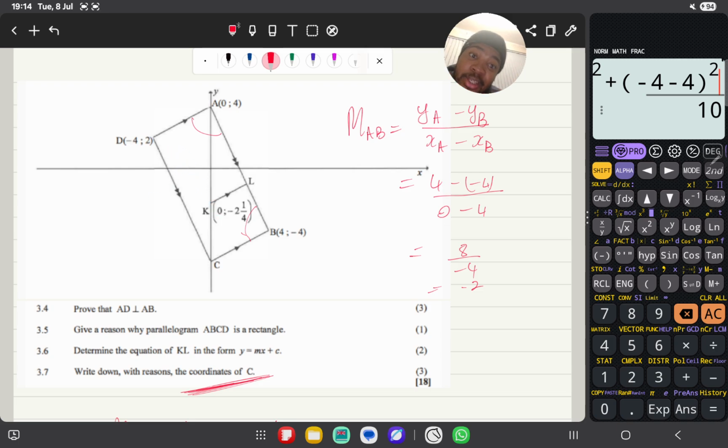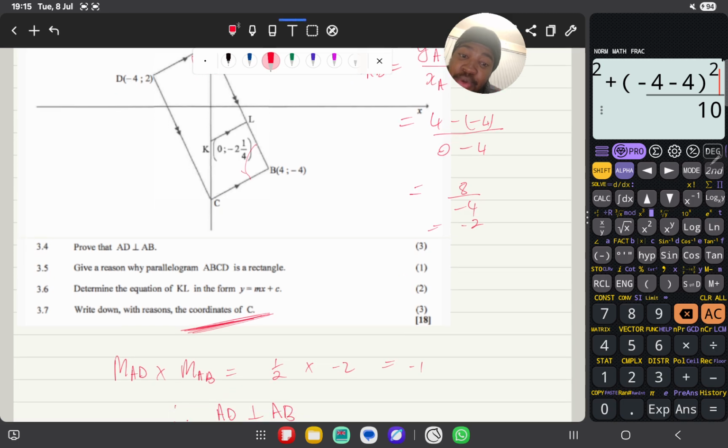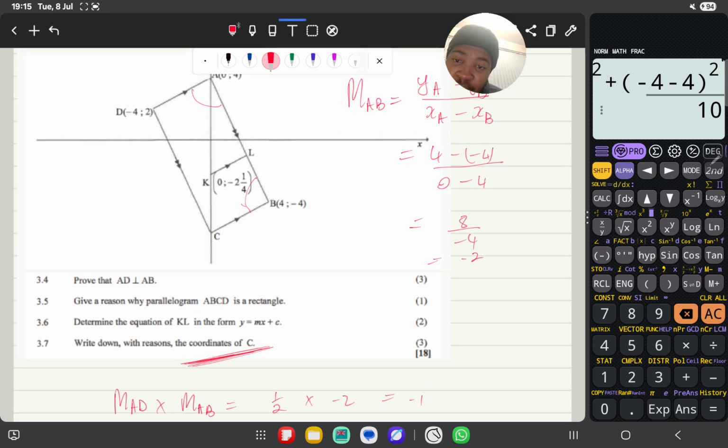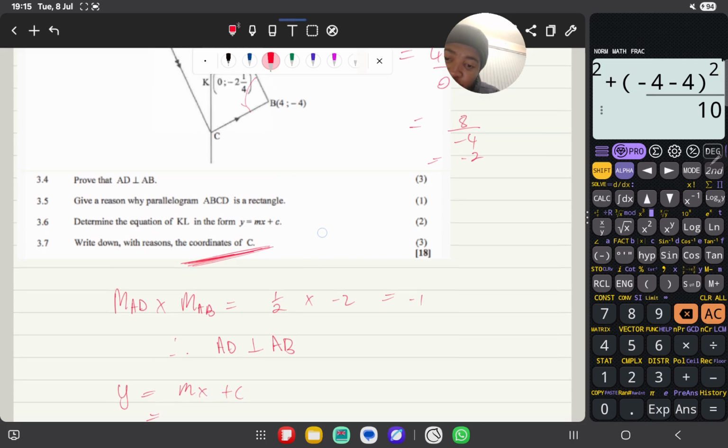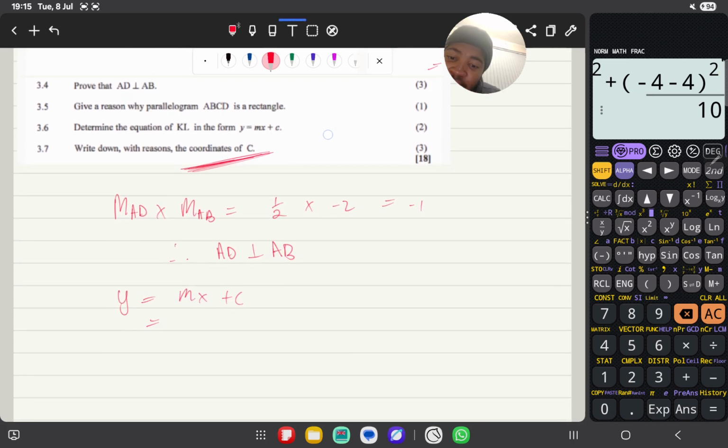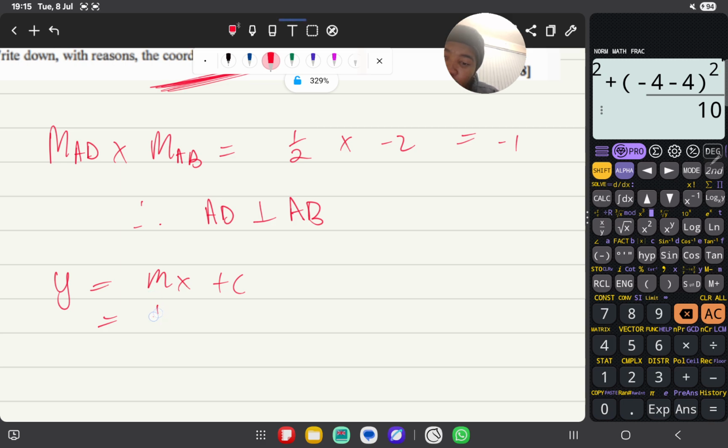So any of the reasons, I would say here it's really important to know the properties of a rectangle. And then determine the equation of KL, right? So KL is parallel to DA, so you know that y equals mx plus c. You're going to use the gradient of DA, which is 1 over 2. So you have y equals 1 over 2 x plus c.